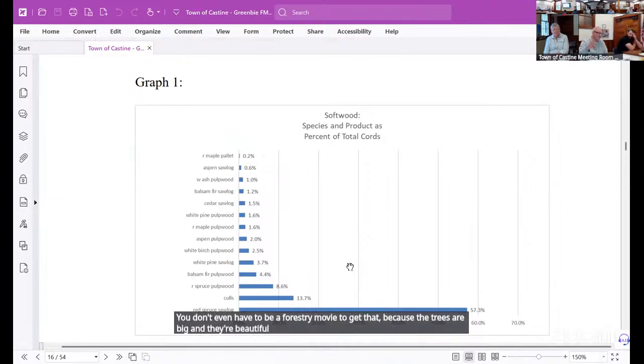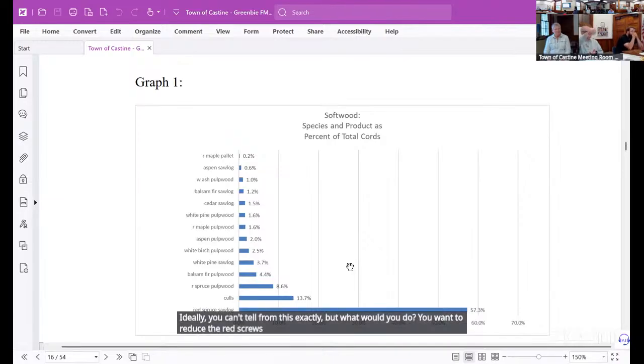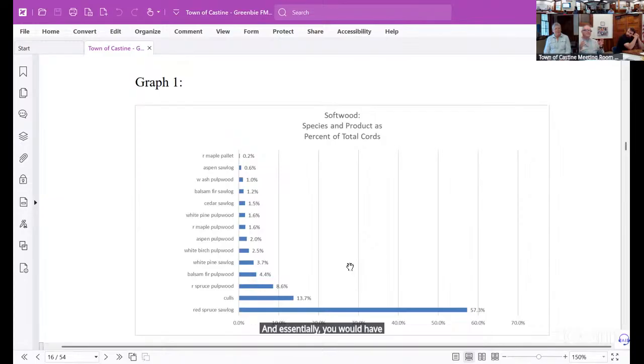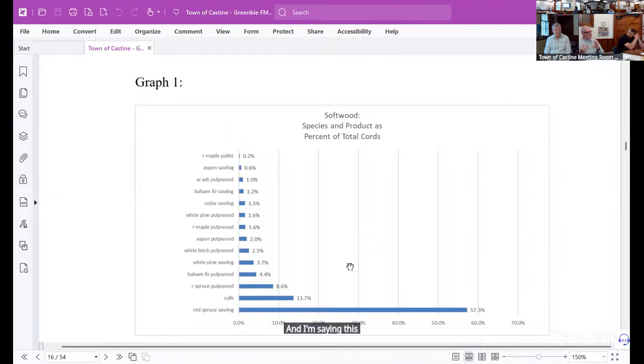But to go into what you said, ideally, you can't tell from this exactly, but what would you do? You want to reduce the red spruce. Everything else is pretty much in line. And essentially, you would have to figure out how much you want to do, and I'm saying this really cautiously in the beginning.